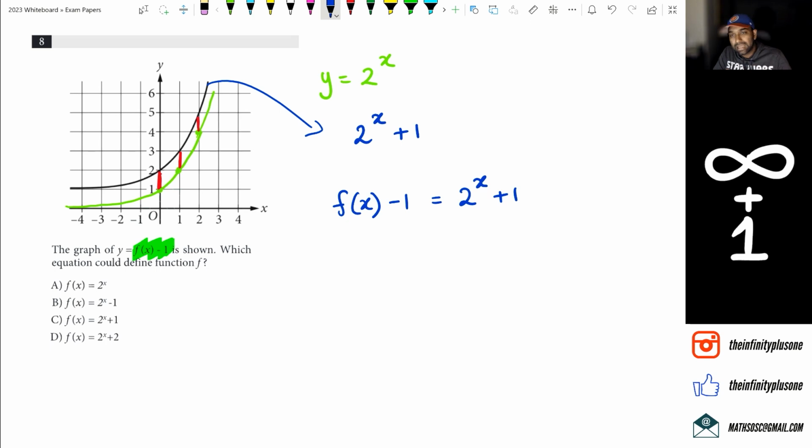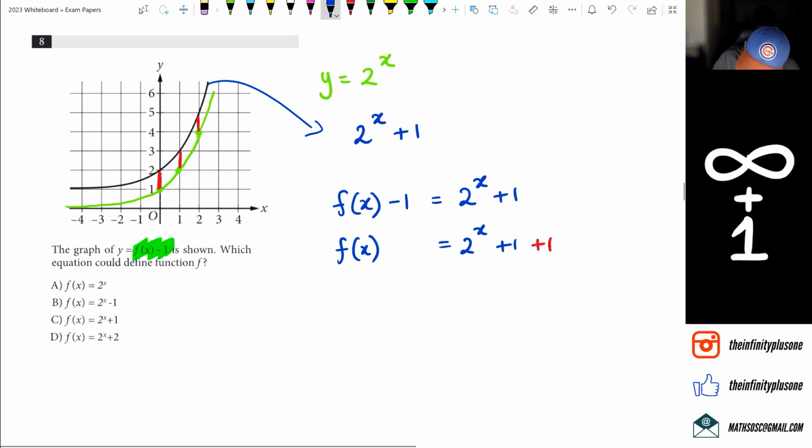So that black line that we see there is 2 to the power of x plus 1. But the question says f of x minus 1 is shown. So we've got one more little rearrangement to do, which actually shows us that f of x is equal to 2 to the power of x plus 2.